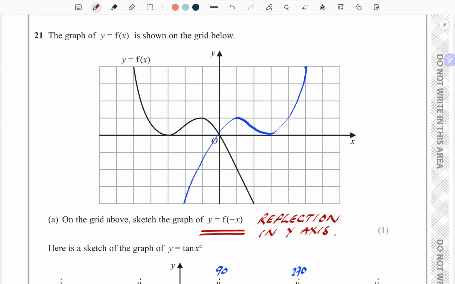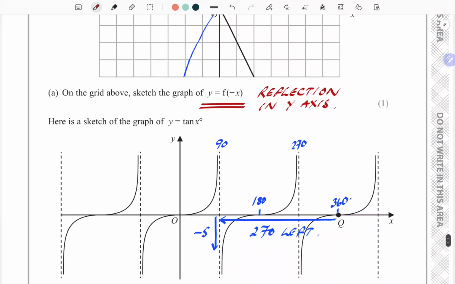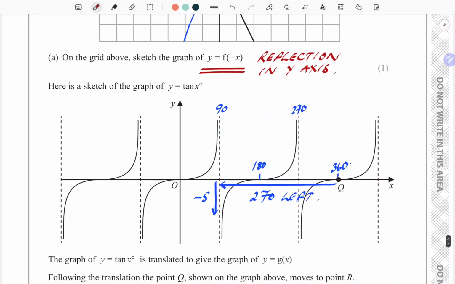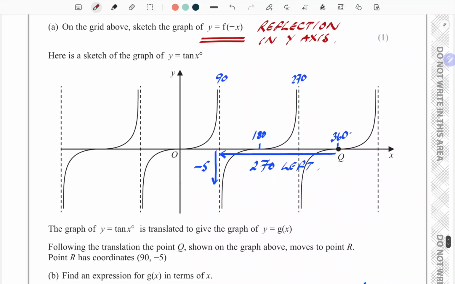The next part of this question is actually a bit surprising. They've done the same sort of thing, but made it look more complicated than it actually is. We're starting with the y equals tan x graph.